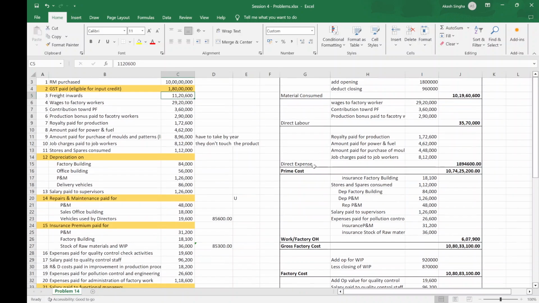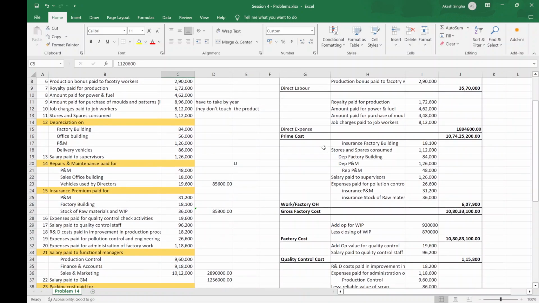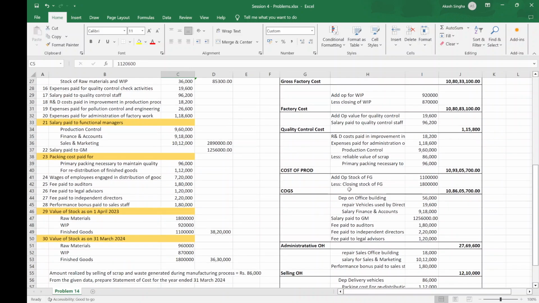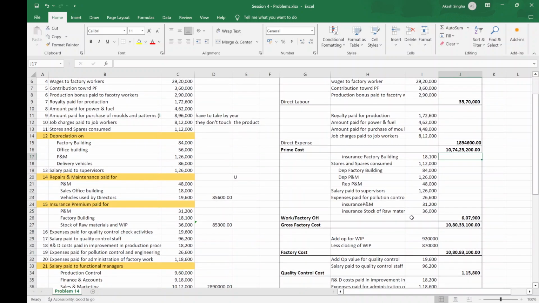Direct expense is royalty paid for production, amount paid for power and fuel. You can just go through one by one and make a reason out of it and hope that you can do it in the exam. I don't know if she will give a cost sheet problem, this kind of problem. But material, direct labor, direct expense, calculate then prime cost, all three of that. Then add the factory overhead to calculate gross factory cost.